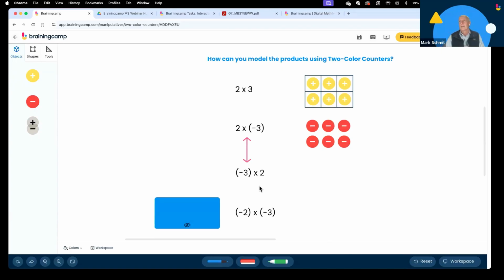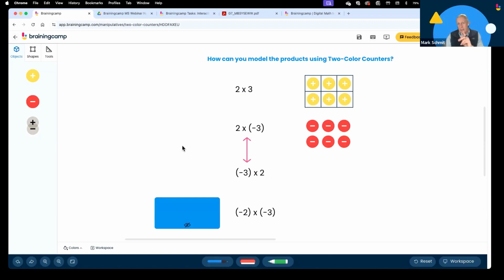Think about what they already know. What do they already know? There's something they've learned in elementary school. Commutative property. Yeah, thank you, Jacqueline. Right? They've got that commutative property.